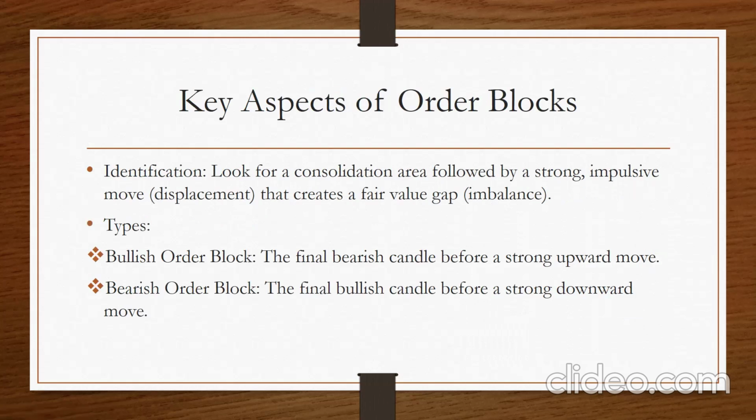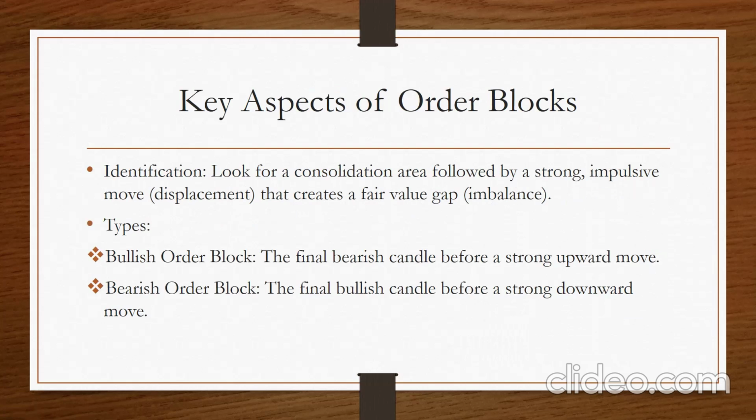So identification. This is how you can easily spot it. So look for a consolidation area followed by a strong impulsive move that creates a fair value gap. I will talk about fair value gap in this lecture so you will understand it better. But then let's break it down.